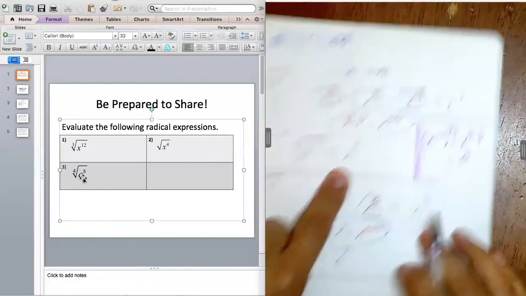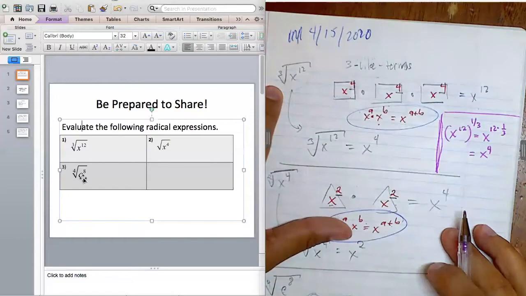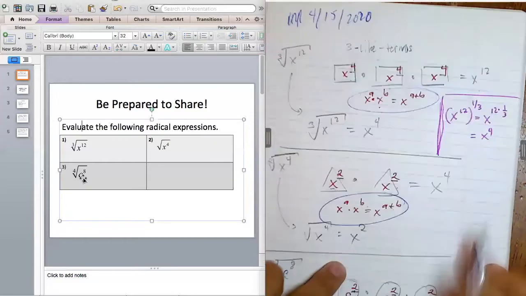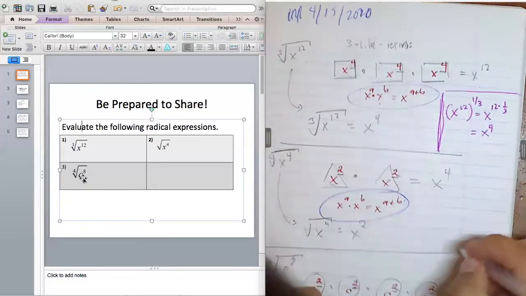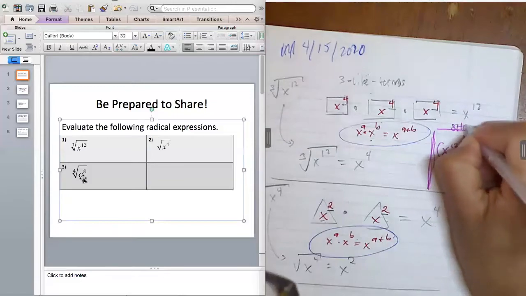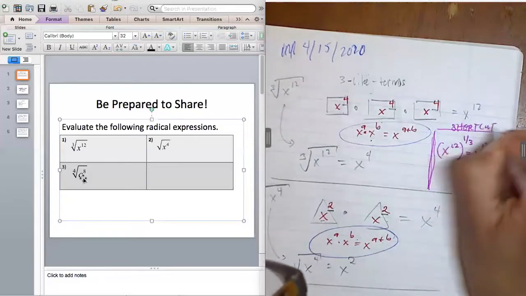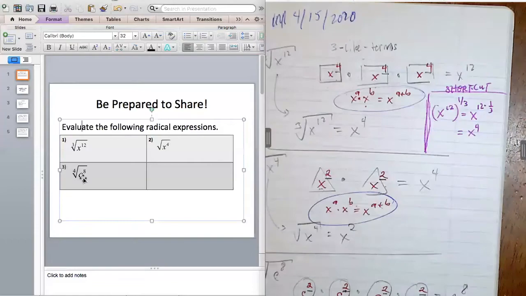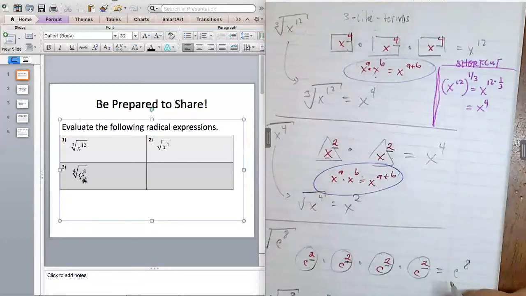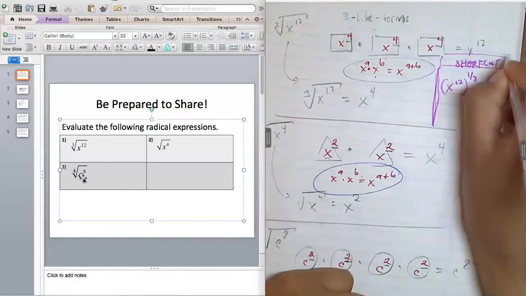So it's just knowing how to rewrite our radicals. Using the same approach, I probably shouldn't name it shortcut. I should probably name it a different approach, because it depends from person to person.